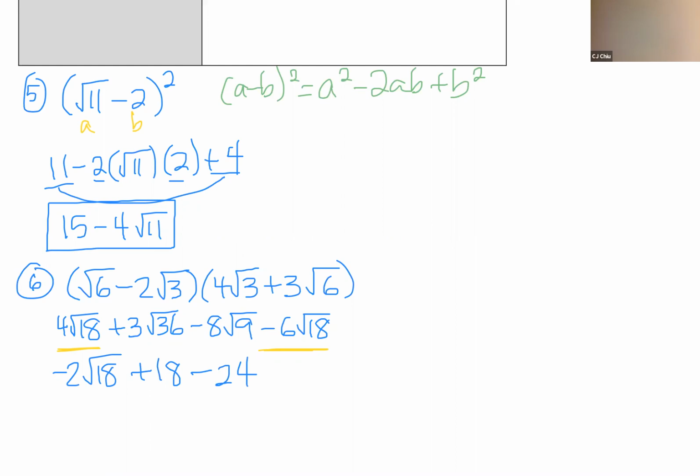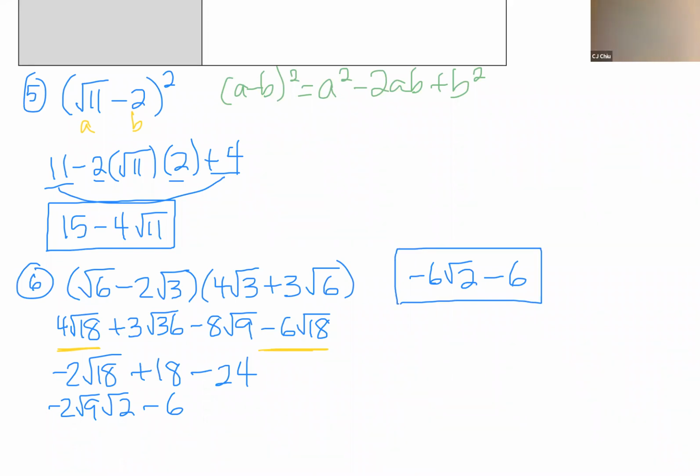Okay. So then you can do negative 2 square root of 9 square root of 2, and then 18 minus 24 is minus 6. And if we come up here, we get negative 2 times 3, which is negative 6 square root of 2, and then minus 6. Okay. So if you simplify another way, of course, you should get the same answer.